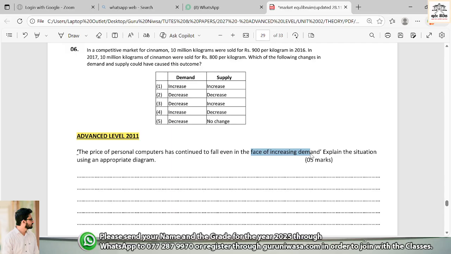Normally, when demand increases for a product, price needs to increase. But here, though demand for computers increases continuously, the price of personal computer laptops keeps reducing. You get the point? Can it happen?